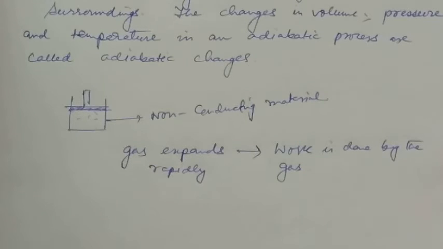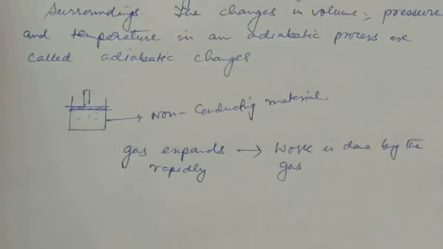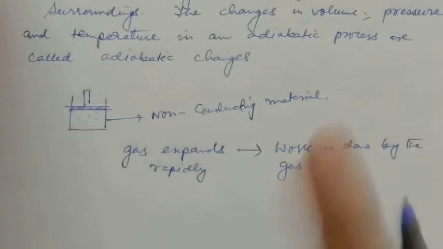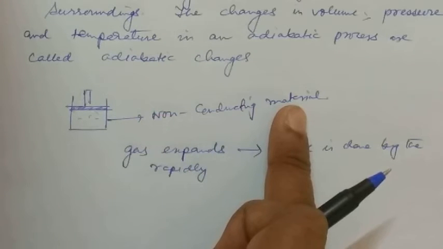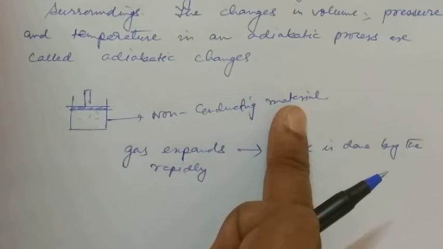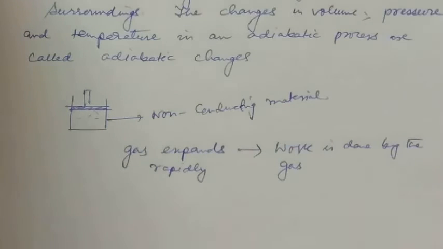This is clear. Now as the walls of the cylinder here are taken as non-conducting, heat cannot enter from the surroundings to stop this fall in temperature. We are not allowing heat to move from the surroundings to the system because we have used a non-conducting material here. So there will be no heat exchange during expansion.